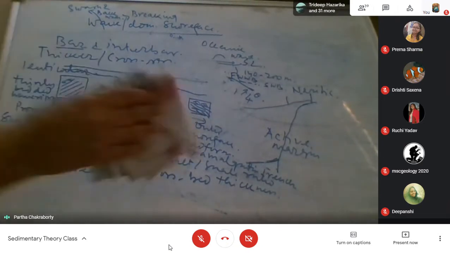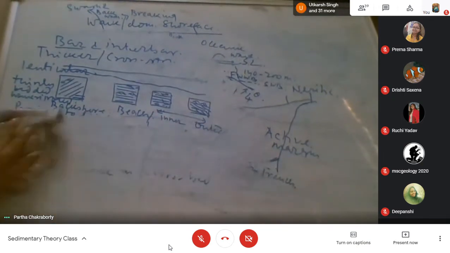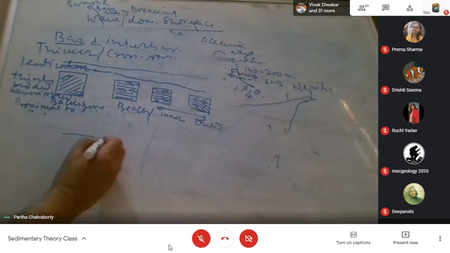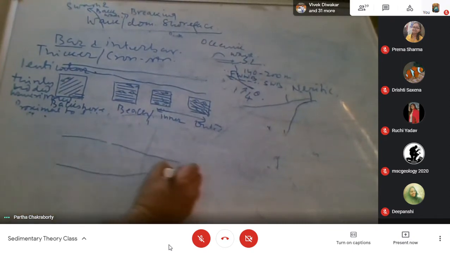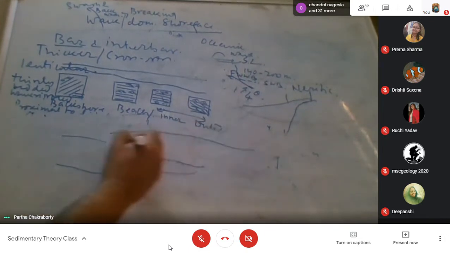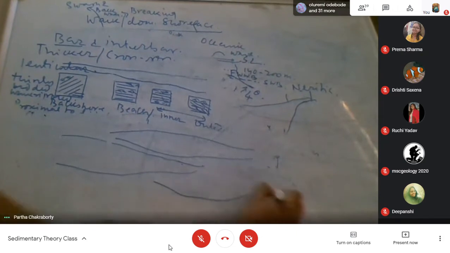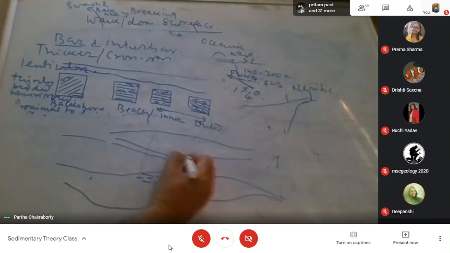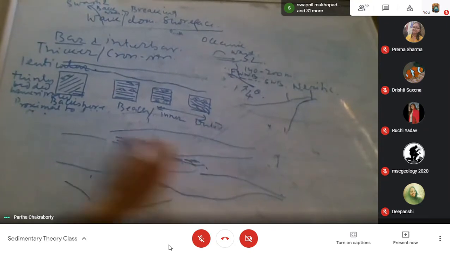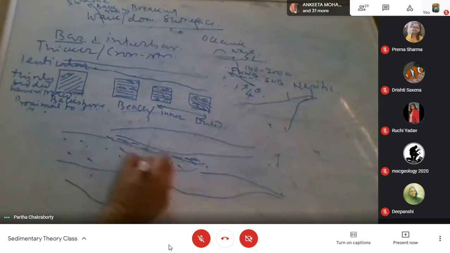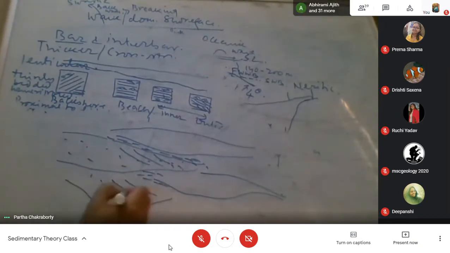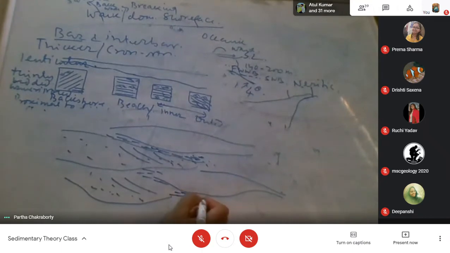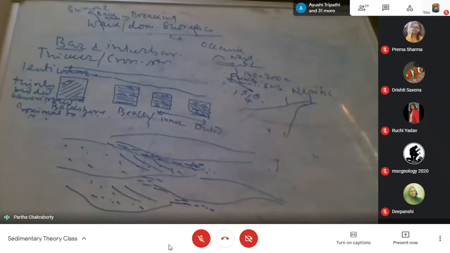More or less, this is a very characteristic pattern of the sand.